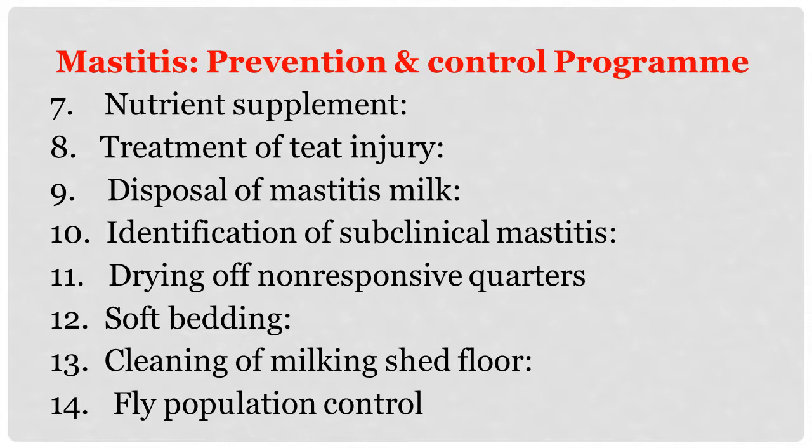Here step number 7, nutrient supplement. 8, treatment of teat injury. 9, disposal of mastitis milk. 10, identification of subclinical mastitis. 11, drying of non-responsive quarters. 12, soft bedding. 13, cleaning of milking shed floor. 14, fly population control.